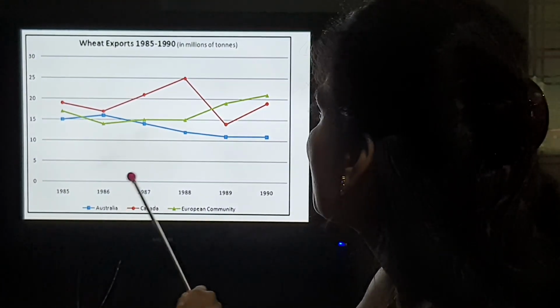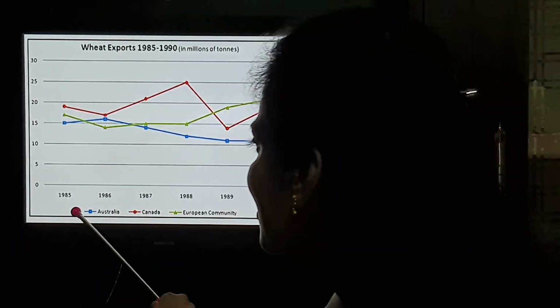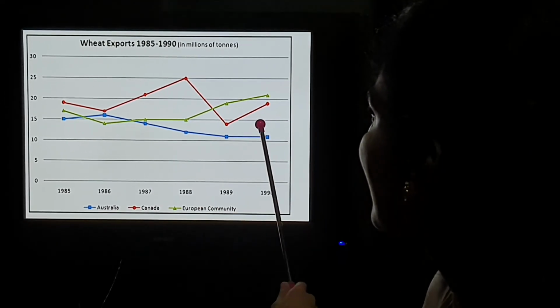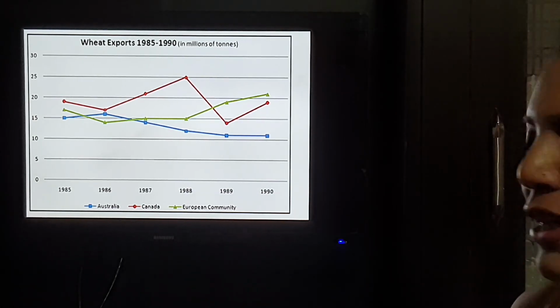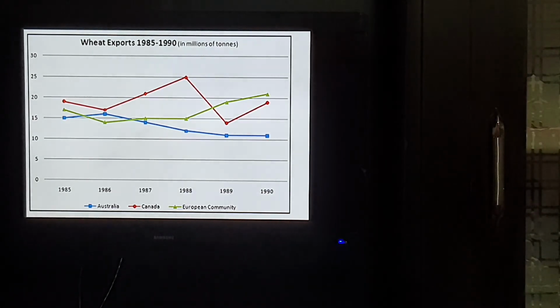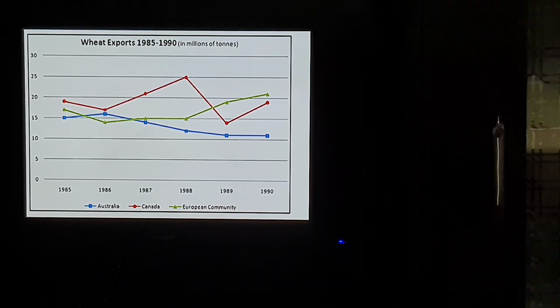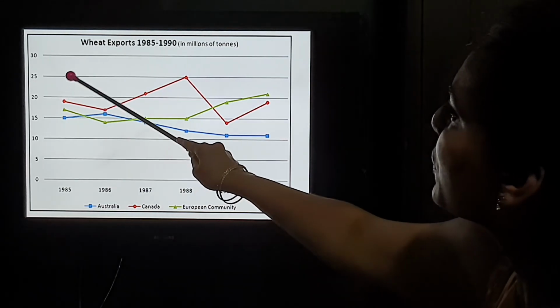There are 1, 2, 3, 4, 5 and 6 years given to you, starting from 1985, then 1986, 1987, 1988, 1989 and 1990. Then you are given wheat exports in millions of tons: 0, 5, 10, 15, 20, 25, 30.